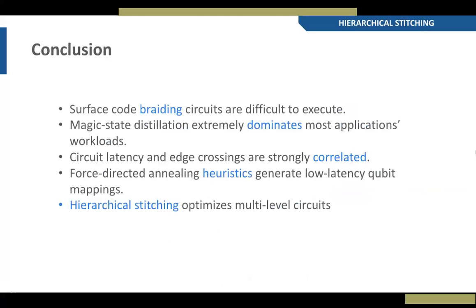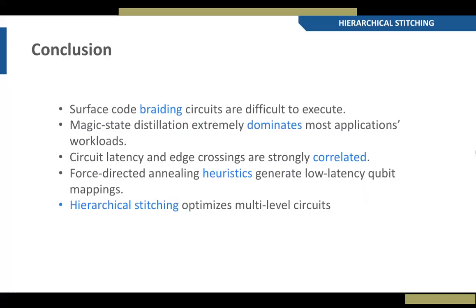All right. So in conclusion, the characteristics of the circuit and also error correction that we studied was basically braiding that can cause congestion, and we want to come up with techniques that minimize that type of congestion. The particular circuit that we look at is magic state distillation, because we have shown that it dominates the overhead.